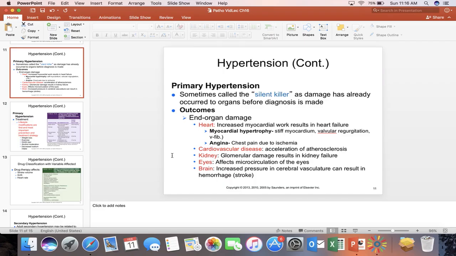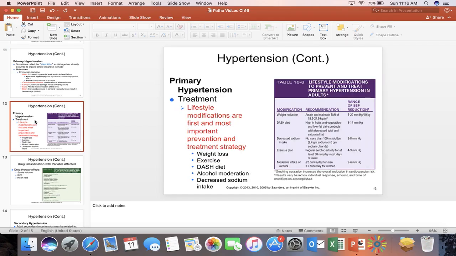That will be the hemorrhagic stroke, which occurs in about 20% of all strokes. The primary cause of stroke will be the ischemic stroke, which is caused by atherosclerosis within the cerebral vasculature.